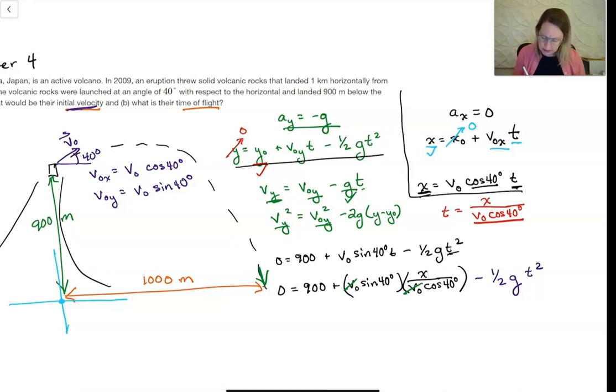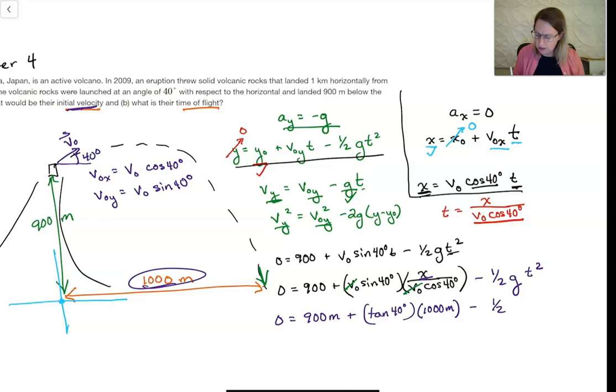So if I set this up, I get 0 is equal to 900 meters, plus sine of 40 over cosine 40 is tangent of 40. And x is our 1,000. That's this right here. 1,000 meters minus 1/2, sorry, I already took the 1/2, minus 1/2 times 9.8 meters per second squared, t squared.